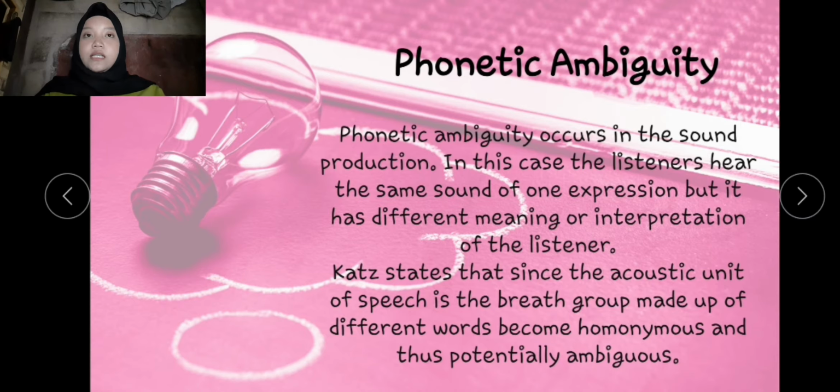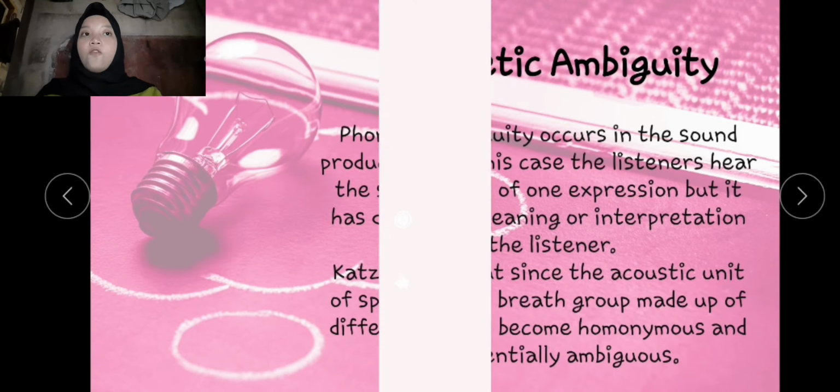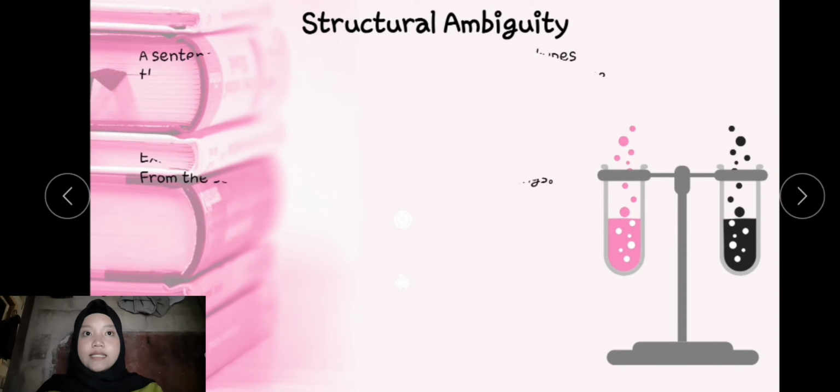This ambiguity occurs only in spoken language such as direct conversation, delivering a speech, delivering a preach, as in any other spoken language situation which consists of a speaker and a listener.